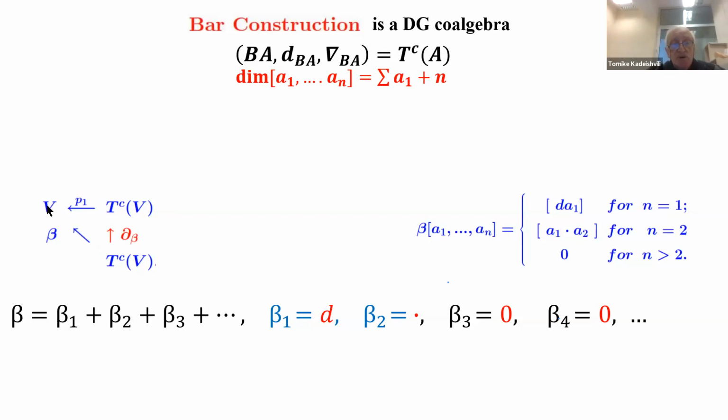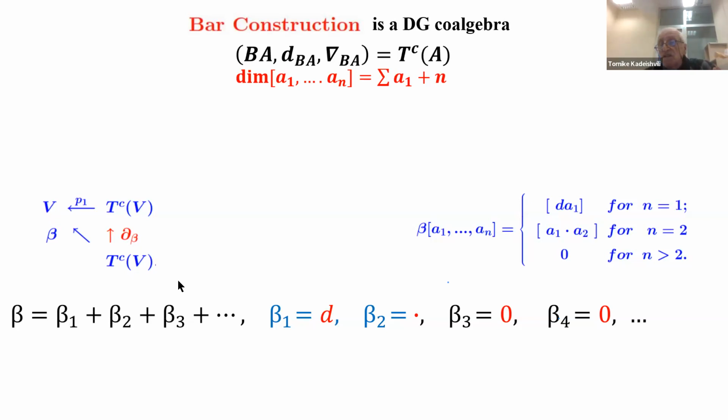Any map from the tensor coalgebra to the cogenerators can be enlarged to a differential, and the differential is given by beta. And what is beta? The tensor coalgebra is built from V. So beta has components: beta 1 from V to V, beta 2 from V tensor V to V, beta 3, and so on.